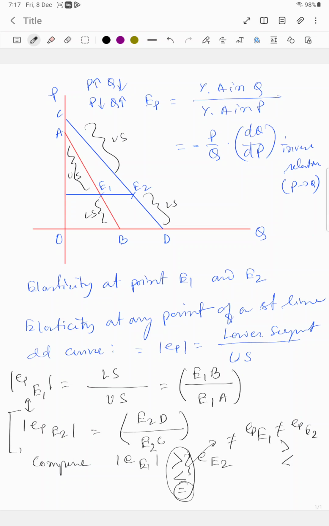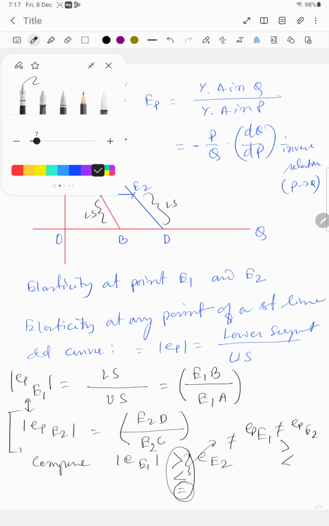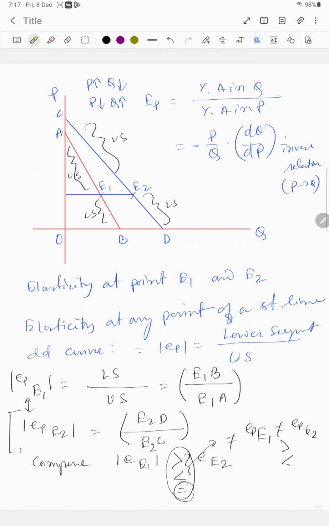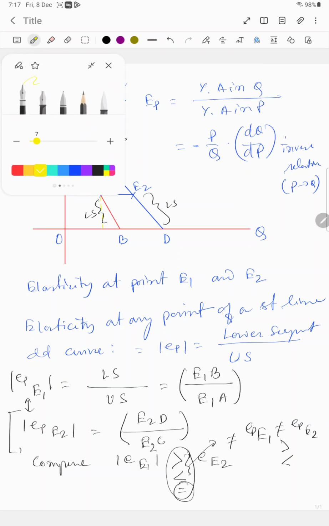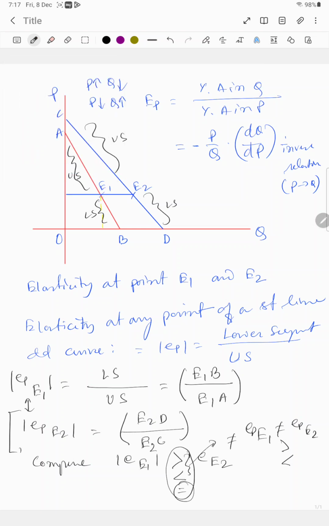You cannot say that E2D is greater than E2B, because E2 is not connected to B. So if I draw exactly a vertical line that directly cuts the horizontal axis, it will create a right angle triangle.